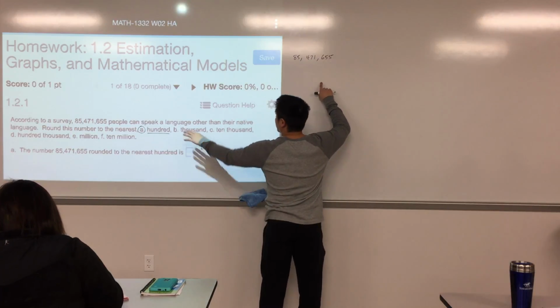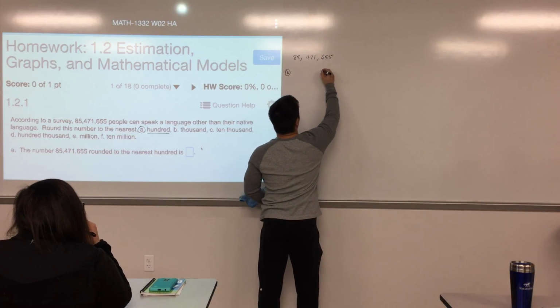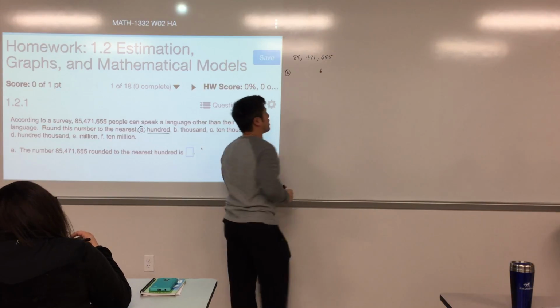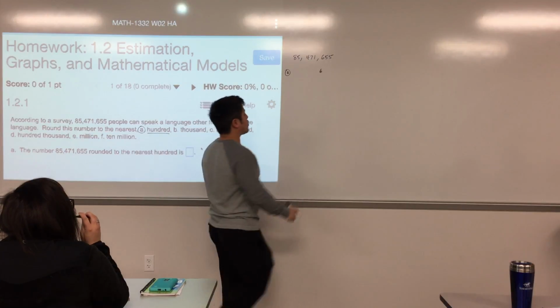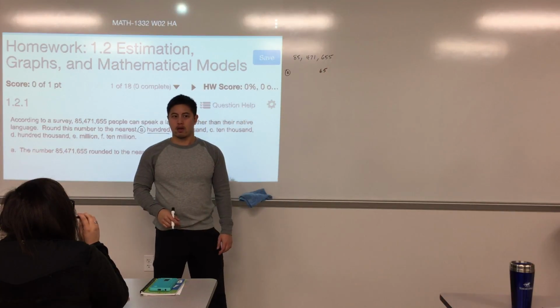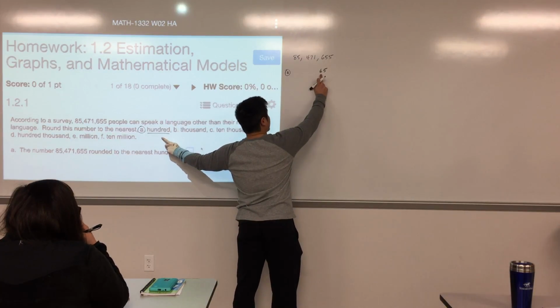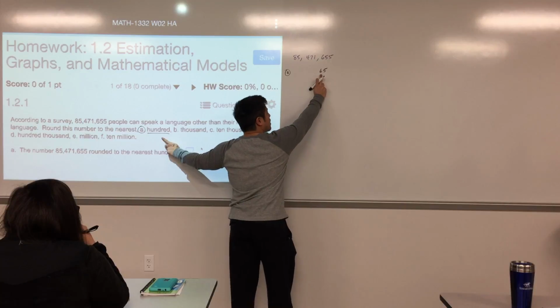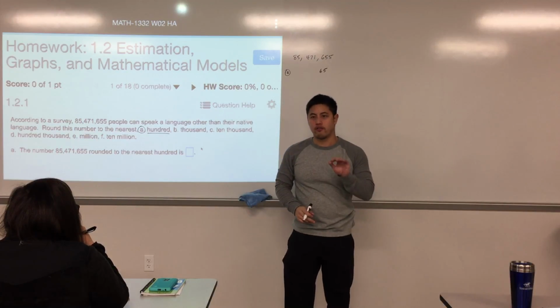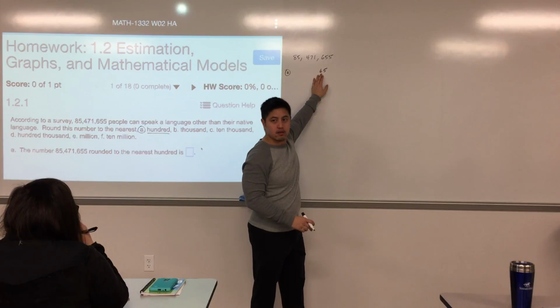So, 100 means that for part A, we're looking at the 6, aren't we? And then we're looking at the 5 directly to the right of it. If that number directly to the right of the place that we're trying to round, in this case the 6, is 5 or larger, that 6 is going to become a 7.